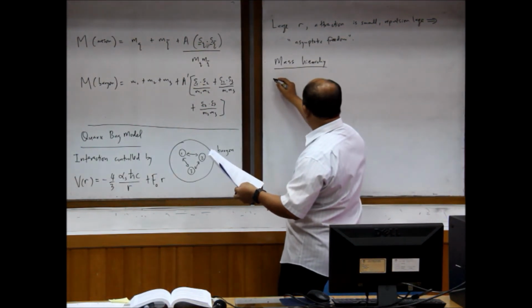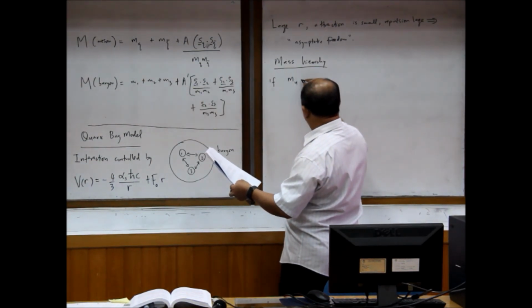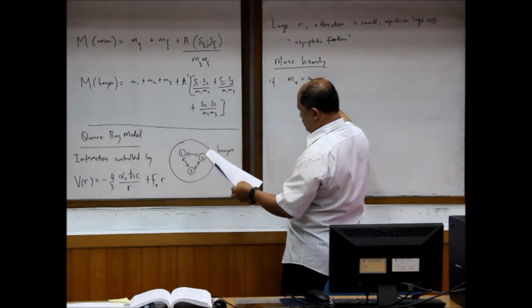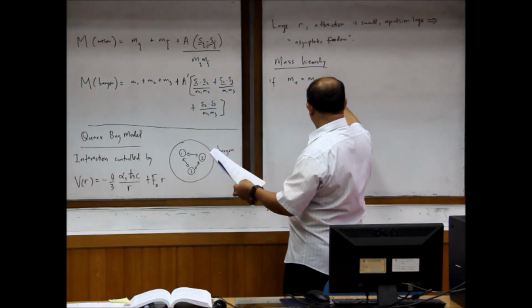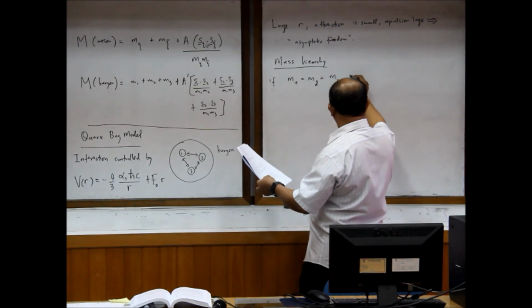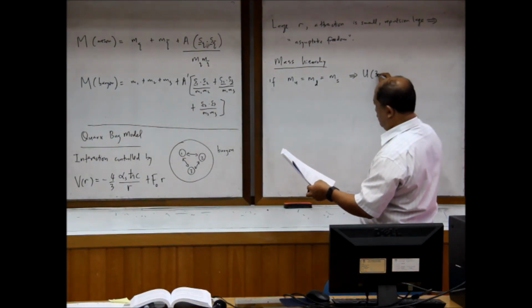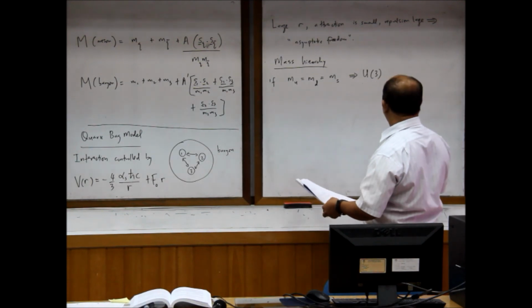You see, if the mass of the u quark equals the mass of the down and this equals the mass of the strange, then this is a U3 symmetry.